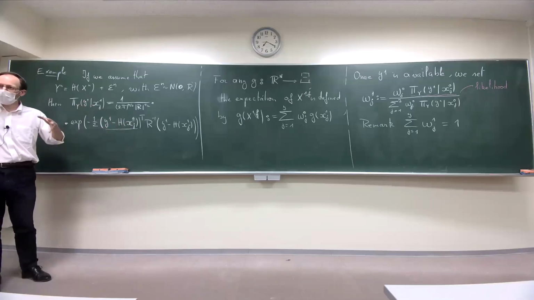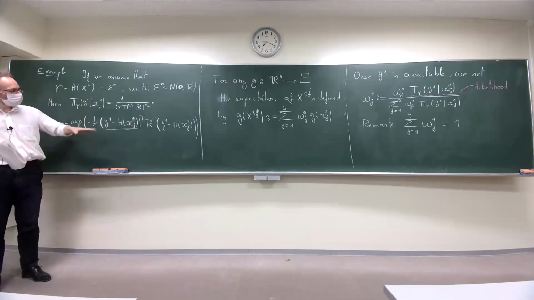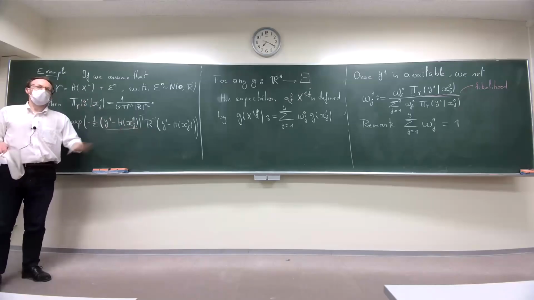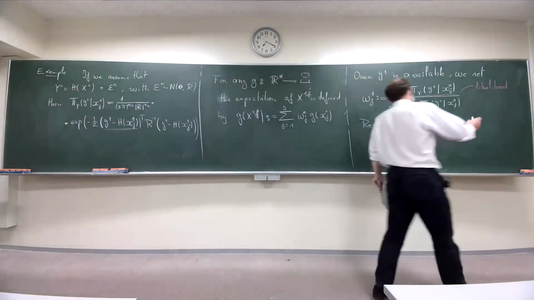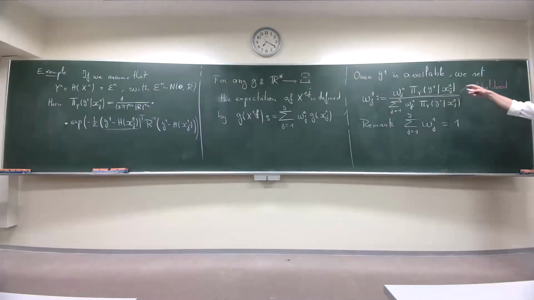So this is how you focus on particles which have a big weight. And this is a general formula. I'm simply not assuming that it's Gaussian, but whenever you have a certain model for the noise or for the observation error, you can implement it in this formula. So at least it's more or less explicit.